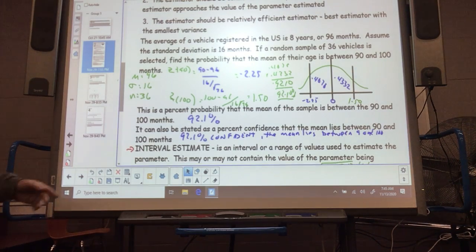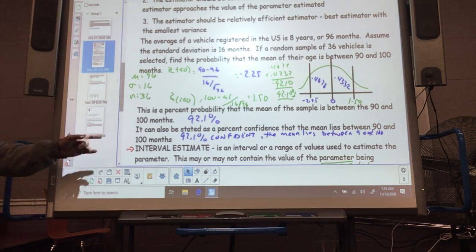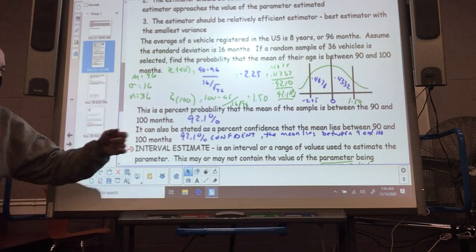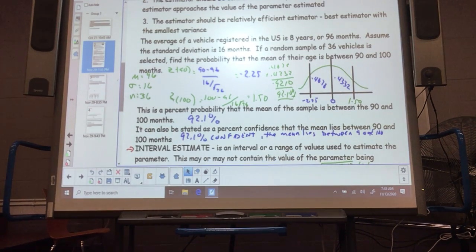It's a 92% probability that you're going to have a car between 90 and 100 months. Also, we can restate it as 92% confident that the mean will lie between those 90 and 100 months.